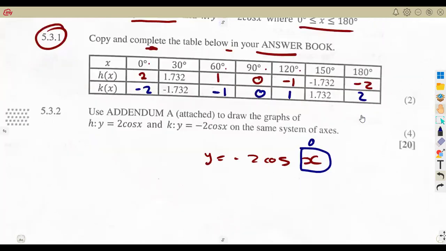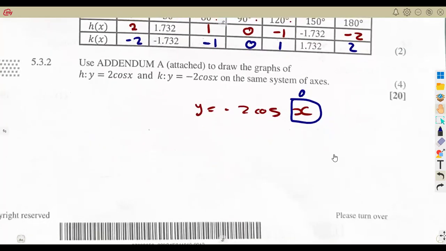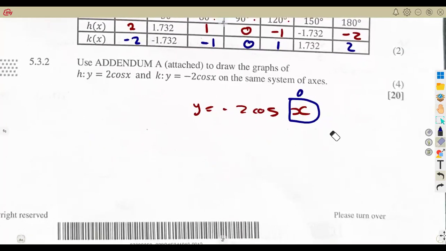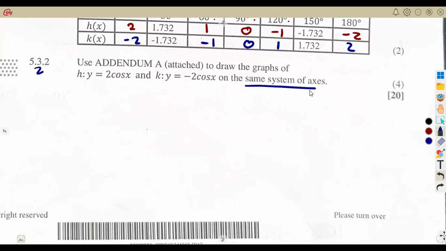And after that, you were going to draw the graph according to the information, the table that was already given, or the system of x's that you're given in that addendum. But in this case, I do not have it, so I'm just going to have a sketch.